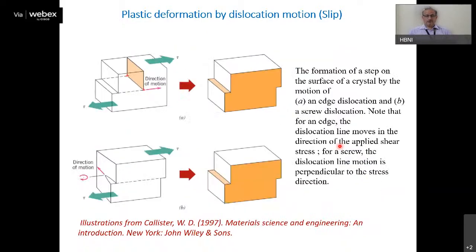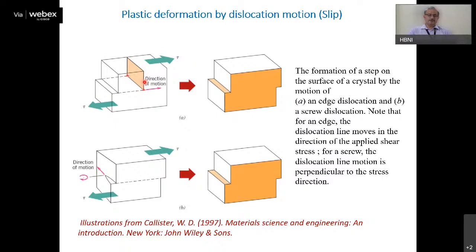Same thing can happen to screw dislocations also. If you have a screw dislocation and you apply shear stresses in the same direction, then in this case your dislocation line, like this is the dislocation line, will move perpendicular to this. So it will move in this direction. This is the direction of motion of this dislocation line.